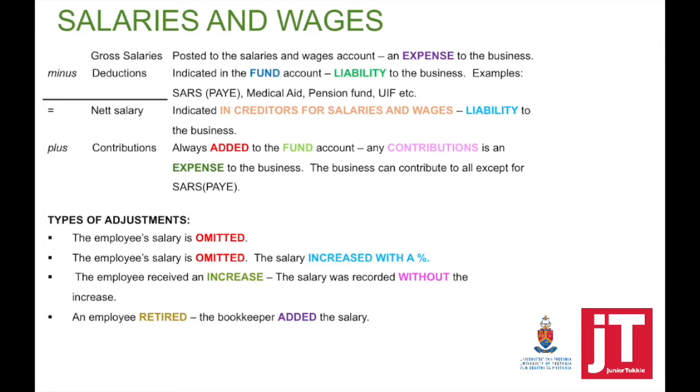Examples of this are SARS, pay-as-you-earn, medical aid, pension fund, UIF. So gross salary minus deductions equals my net salary, which will go to creditors for salaries and wages. This is a liability to the business.